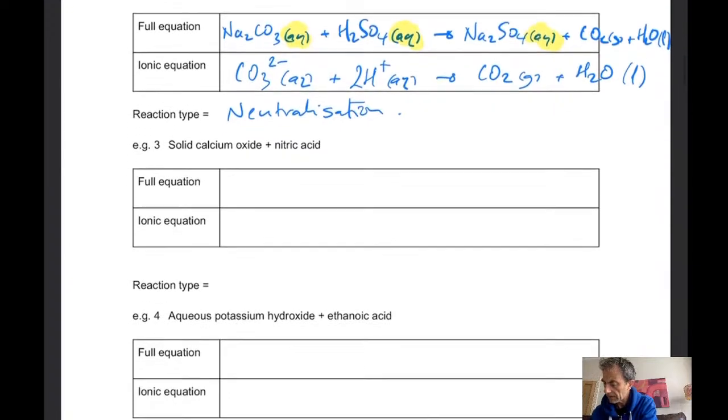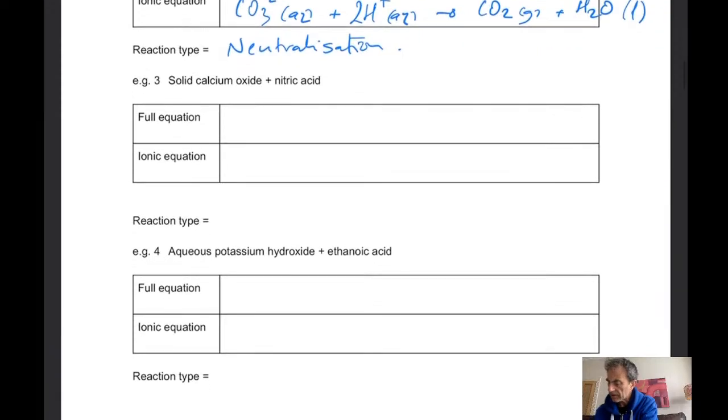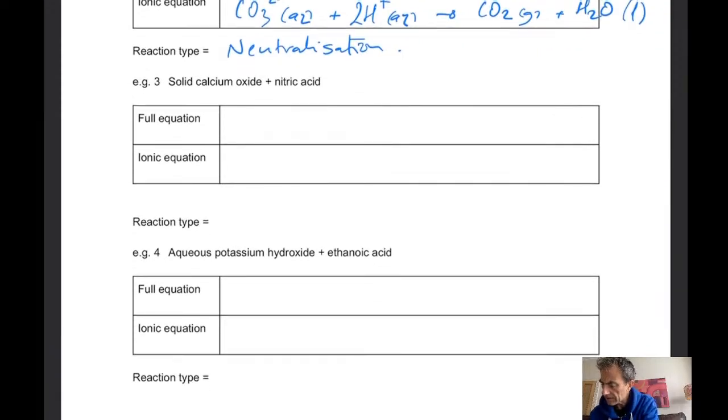Okay, next one. Solid calcium oxide, so that's CaO, solid, plus nitric acid, we'll balance it as we go, so it's 2HNO3 AQ. All of these salts formed in neutralization would always be aqueous.